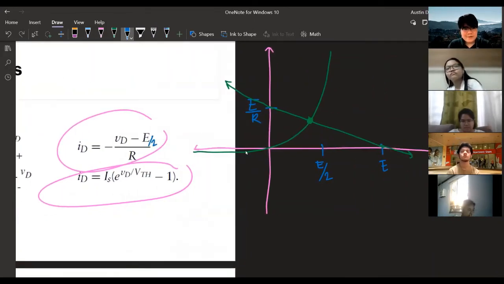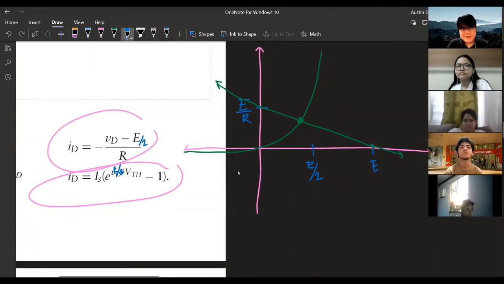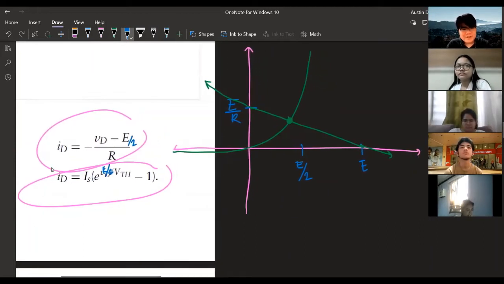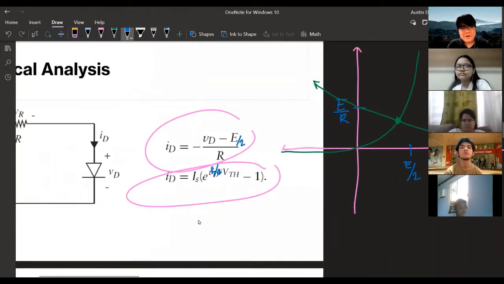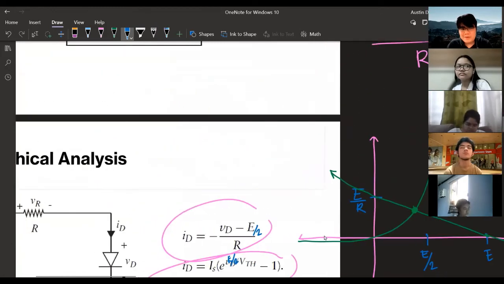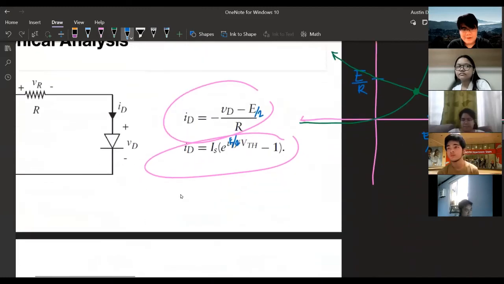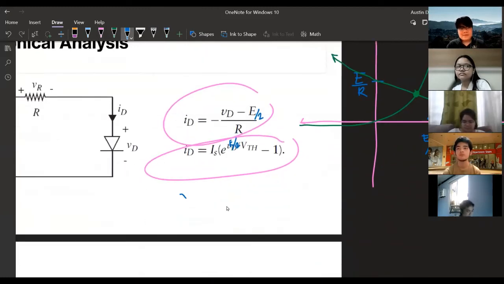Plug in mo E over 2 dyan, E over 2 dito. Okay? And mapapansin nyo, yung sagot, they would seem to approach each other. Okay? Then you can approximate the current that is flowing through this circuit, through this diode. Okay? So, ganun gumamit ng graphical analysis.